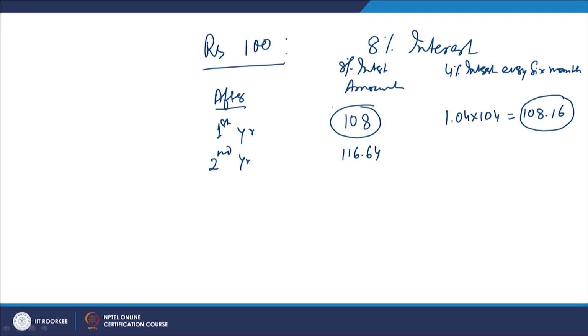So, the interest amount which was earlier rupees 8 on rupees 100, the principal amount, became 108.16 when the interest was compounded semi-annually, or the frequency was 2 times in a year. So, that is basically the difference in the frequency of compounding of interest which is charged.